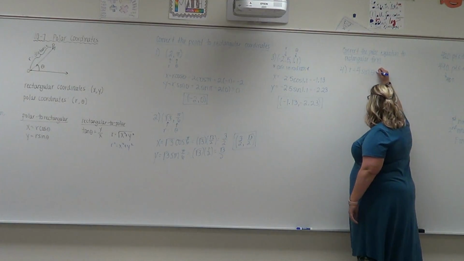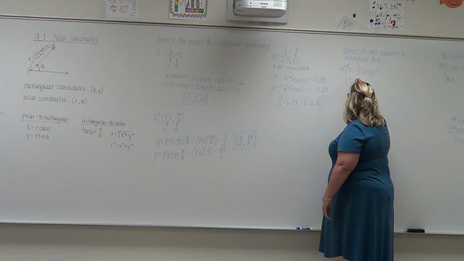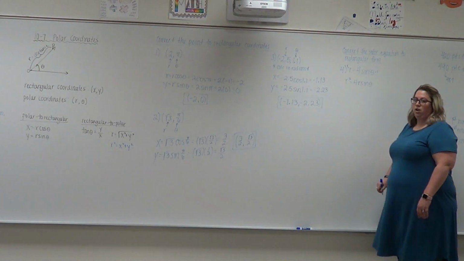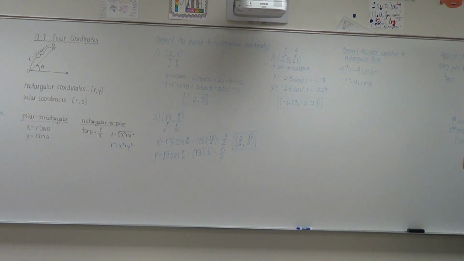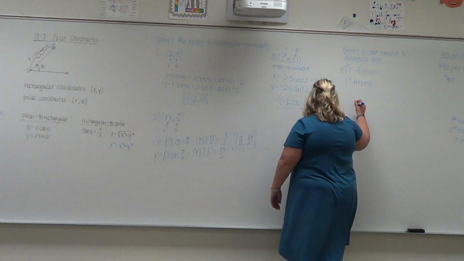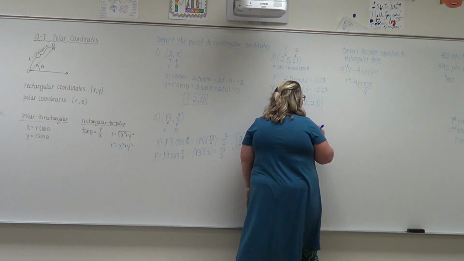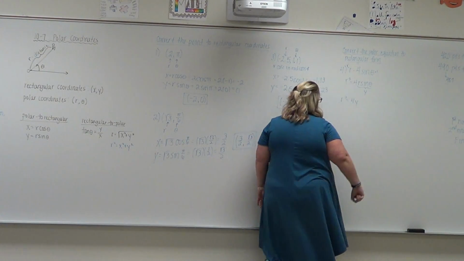So if I multiply this by r, this becomes r squared, and that becomes 4r sine. Now you can multiply or add anything you want on either side, you just have to make sure you do it to both. And r sine is equal to y. So that means r squared is equal to 4y.